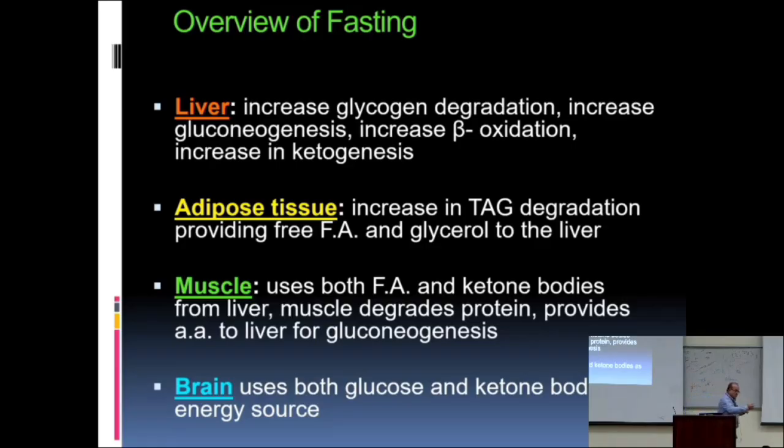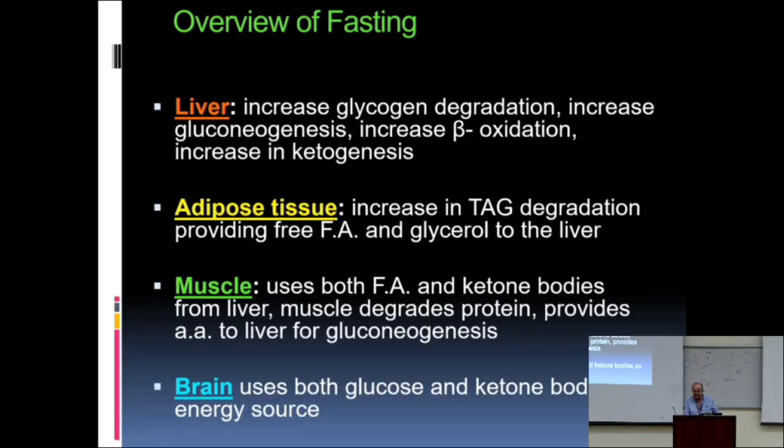Instead, the muscle will start to pick up fatty acids from circulation, use those fatty acids for its own energy needs. Okay? It can use ketone bodies as well, produced by the liver. So it switches to fatty acids and ketone bodies for its own energy.